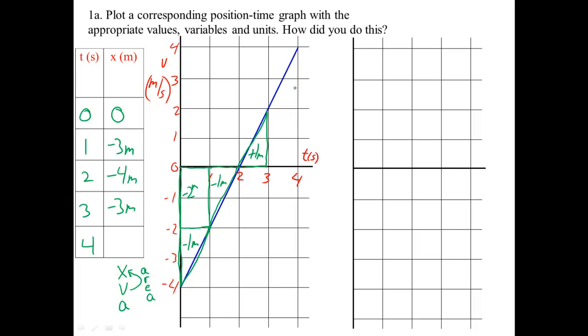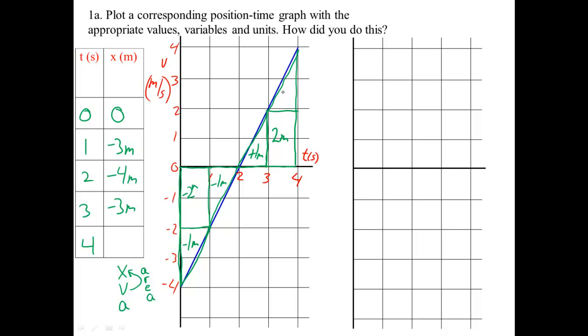Then when I get to the 4 second mark, I want to find this entire area and add it to all the previous areas. There's some symmetry here that you'll see. Right here, 1 is the base and 2 is the height. So 2 times 1 for a rectangle gives me 2 meters.